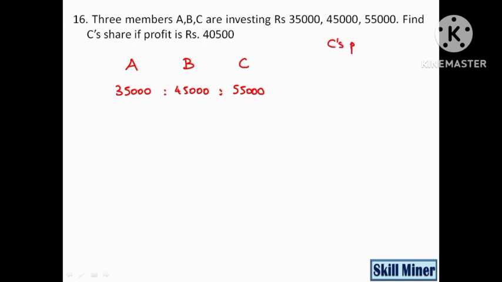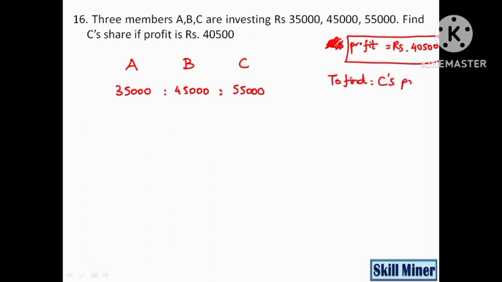The total profit is given as rupees 40,500. We need to find C's profit, given that 40,500 is the total profit.